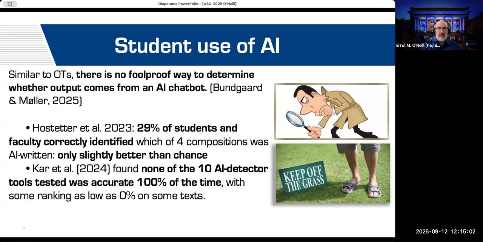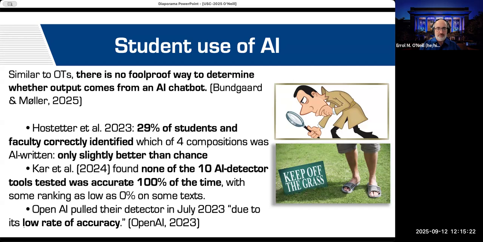Another study found that of the AI detectors that were tested, none of them was accurate all the time in identifying whether AI was used. And on some texts, they were actually unable to detect AI at all, or vice versa. They said that AI was used when it had been entirely human written.